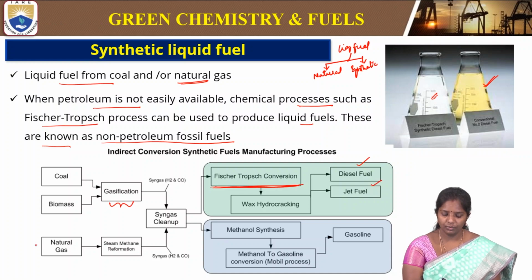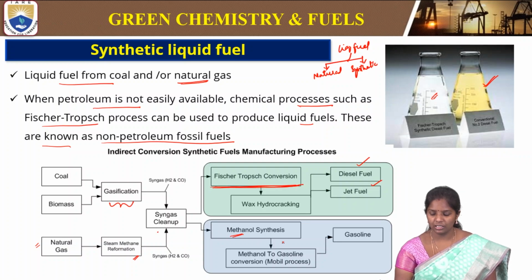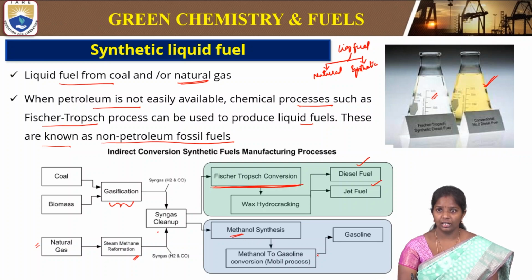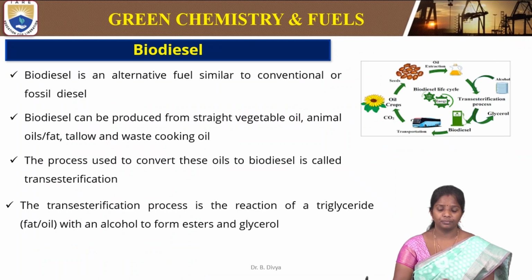And the other one is natural gas, which under steam conditions in methane reformation, again with syngas cleanup, will give rise to methanol synthesis. This methanol is again converted into gasoline. This gasoline is produced from the gas that is present as natural gas. So these are the different processes that we use to produce fuels. Hence they are called synthetic liquid fuels.